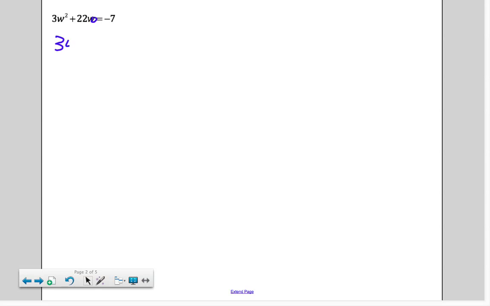So I'm going to rewrite this as 3w squared plus 22w is equal to minus 7. But what's the difficult part here, figuring out what the value is to complete the square?